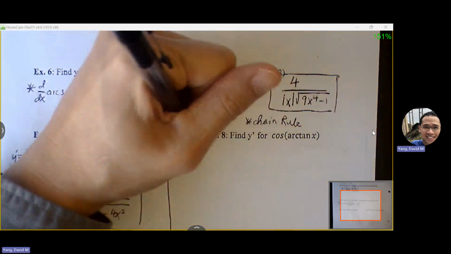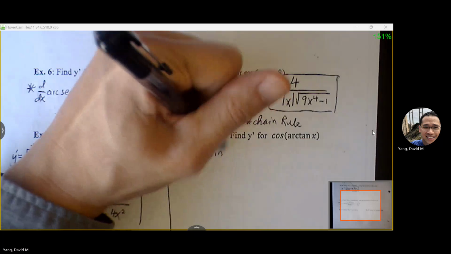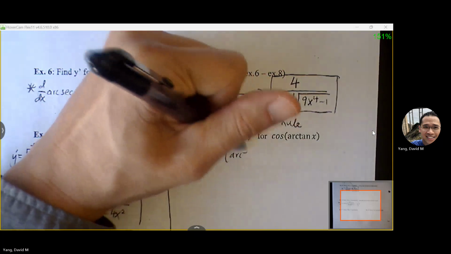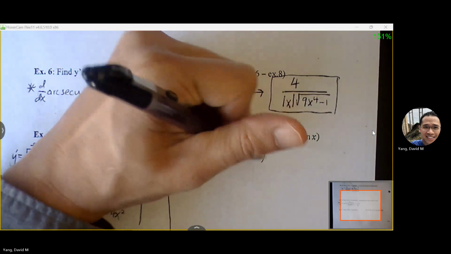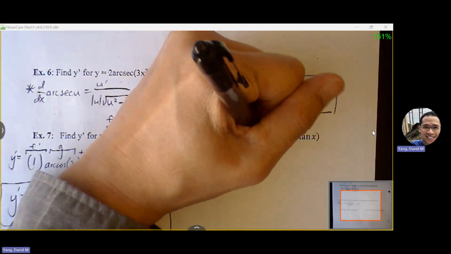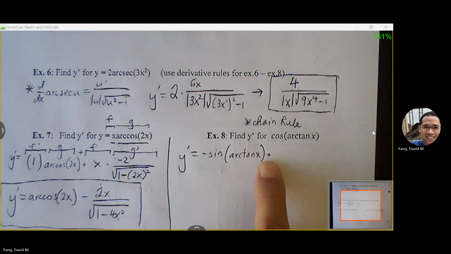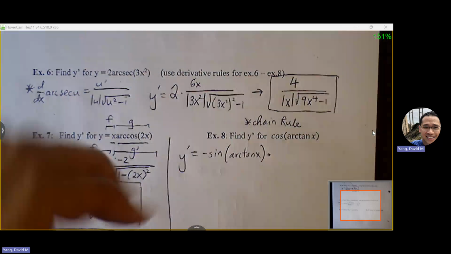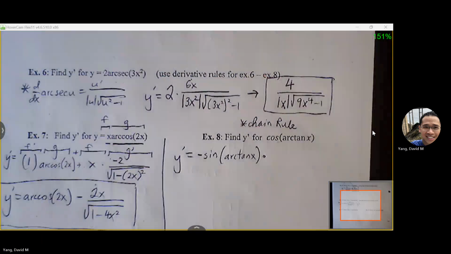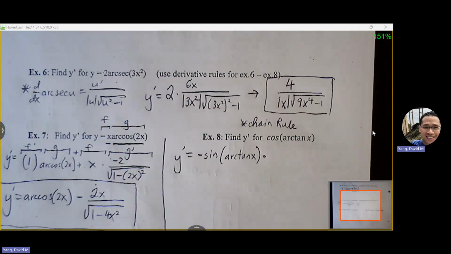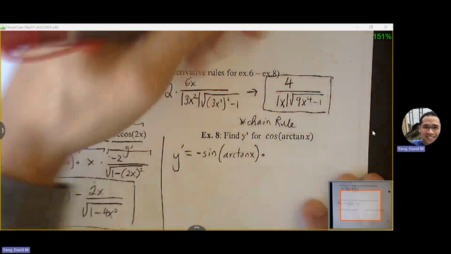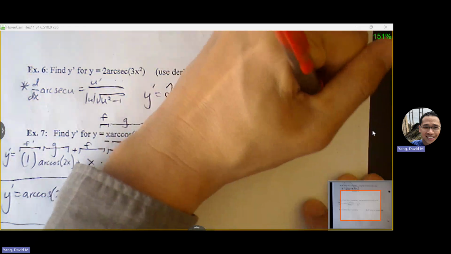Cosine becomes negative sine, times... So we took care of the outside derivative. Let me just make sure we start with that, and that there's an outside, inside portion that we're taking turns doing.